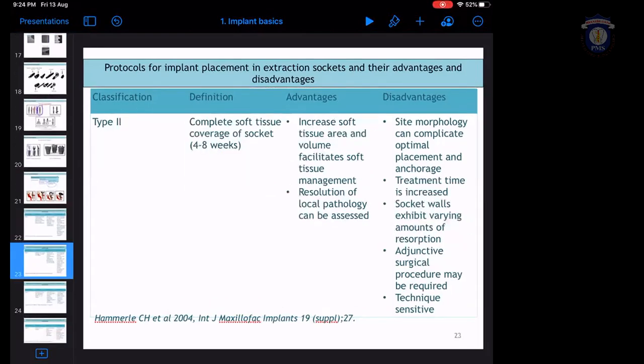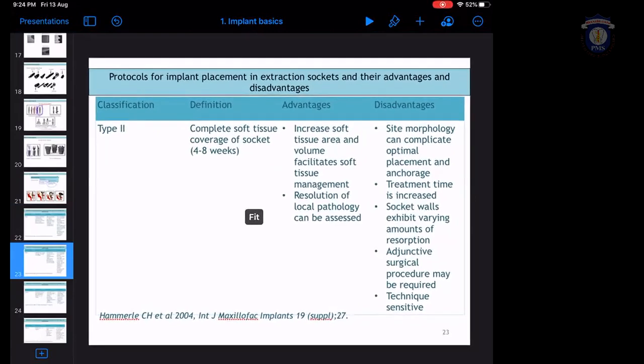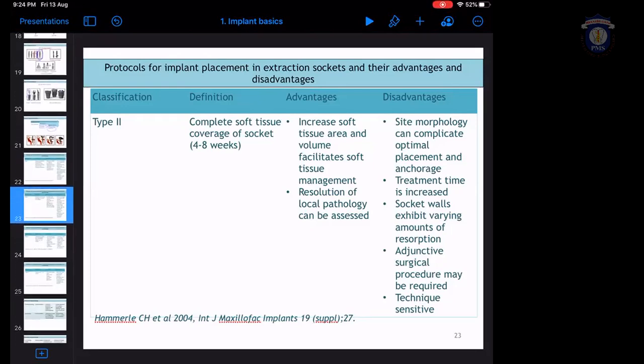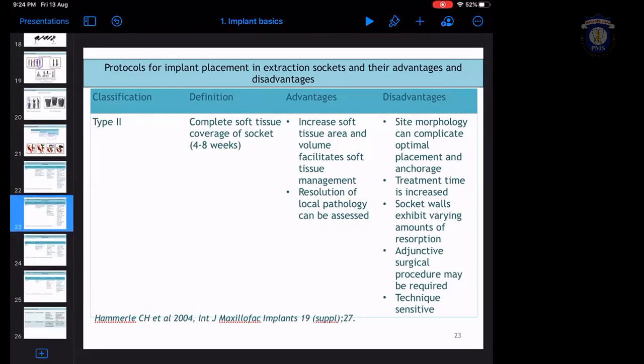Then type 2, which is early placement, that is 4 to 8 weeks after extraction. It increases soft tissue area and volume, because after 4 to 6 weeks there will be some amount of resorption, and the area will be much easier for us to place the implant. But again, the site morphology can be somewhat complicated, and treatment time is also increased.